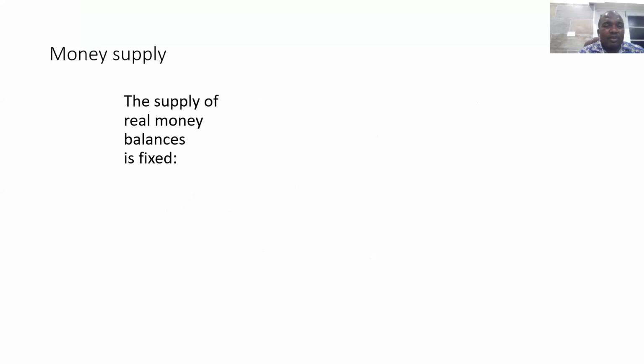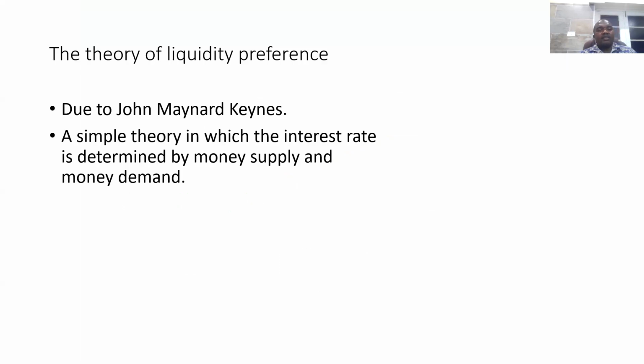So how about the theory of liquidity preference? This theory was propounded by John Maynard Keynes. It is a simple theory in which the interest rate is determined by money supply and money demand.